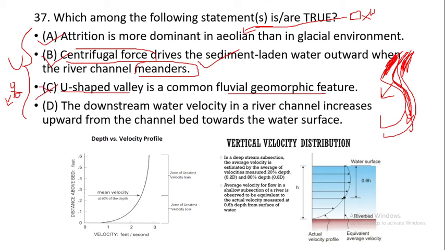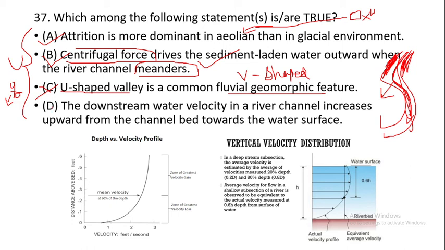Why? Because U-shaped valleys are not originated by fluvial processes, whereas V-shaped valleys are. If the valley is V-shaped, it is formed by fluvial action. U-shaped valleys are not fluvial, but V-shaped valleys are fluvial. So this statement is completely wrong.